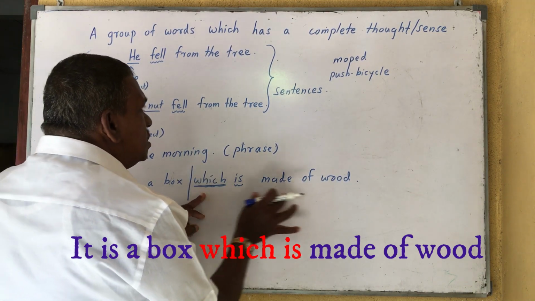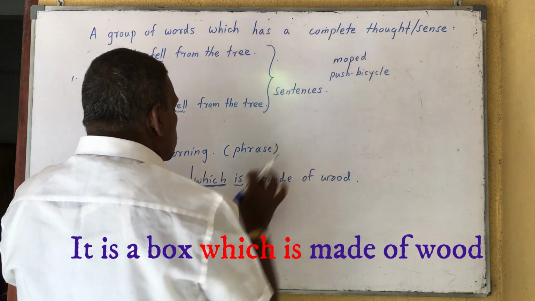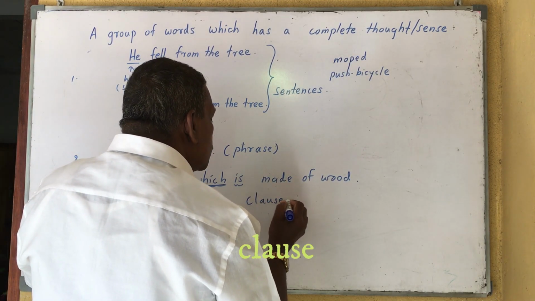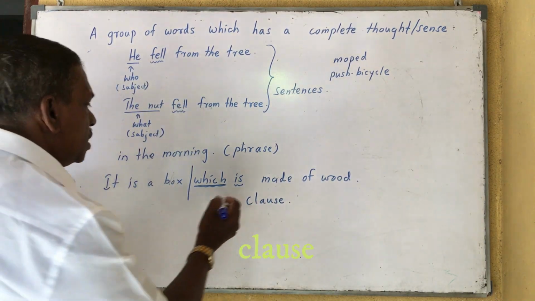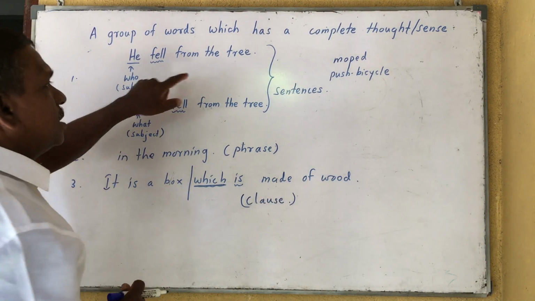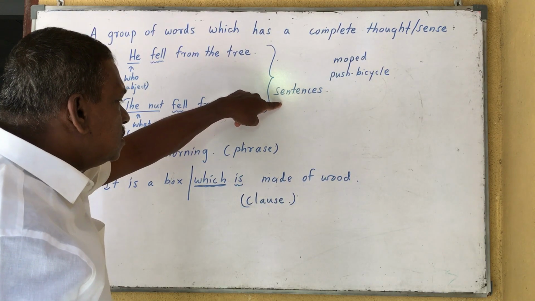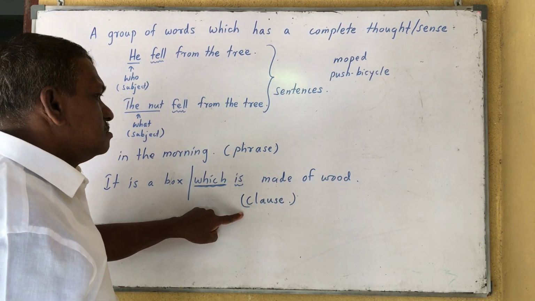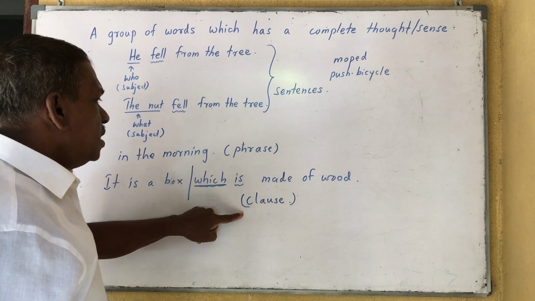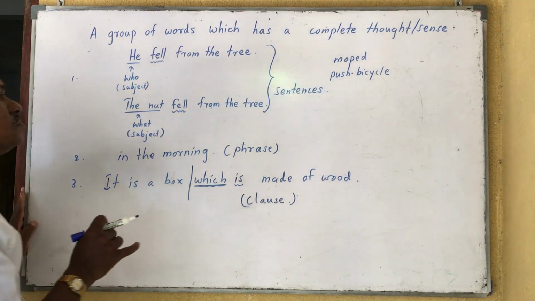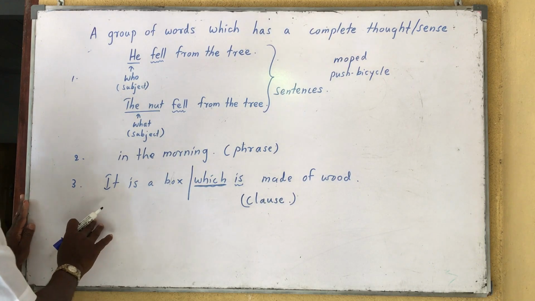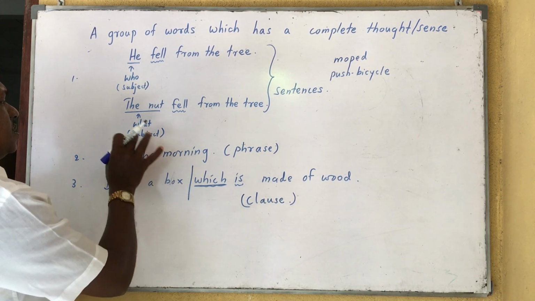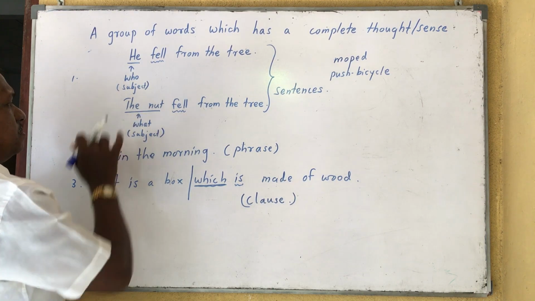But it does not have a complete thought, so it is a clause. So then a group of words can make sentences, a phrase, as well as a clause. Right? So then I'll give you some examples for the subjects.